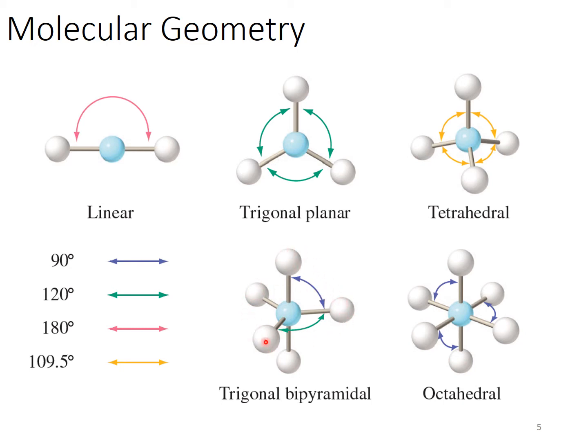These 3 are called equatorial. These are axial, so you can think of this as the axis, like a north and a south pole. These are around the equator, and there's 3 of them. So these equatorial positions are all 120, just like the trigonal planar. And then these axial ones are 90 degrees to the equatorial ones, or 180 degrees from each other. So this has 2 different bond angles associated with it. Octahedral, each of these are mutually 90 degrees.